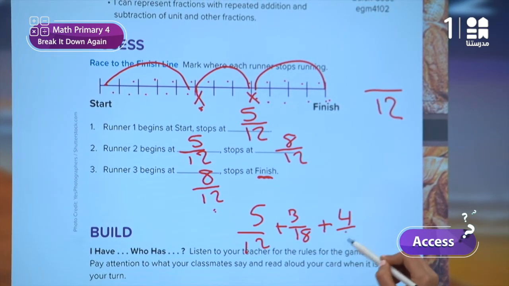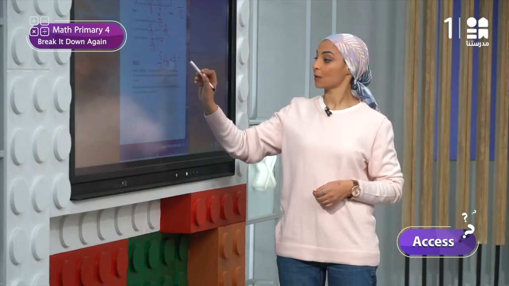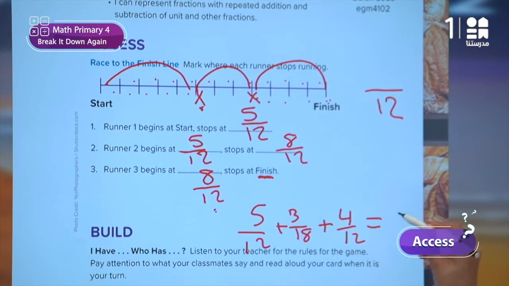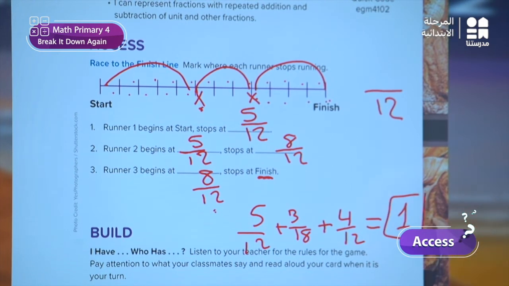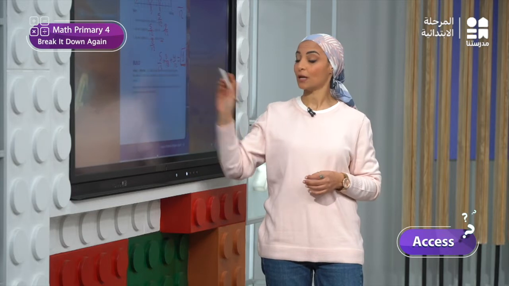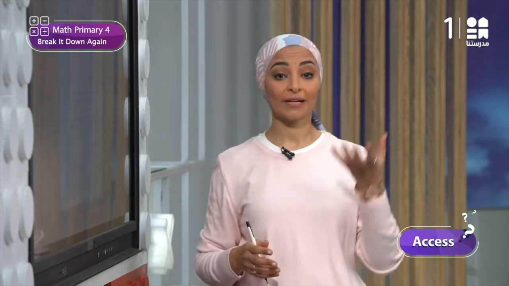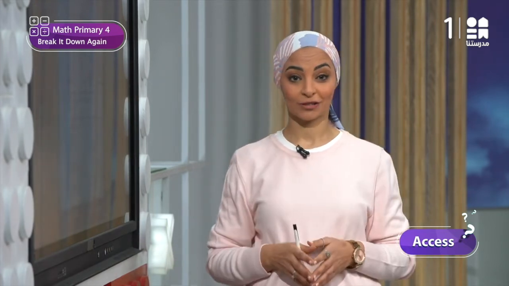So the answer is what? Yes, it will be 12 over 12, which is the whole one. Which is the whole distance they ran all together. And now we knew the relation between relay races and the fractions.